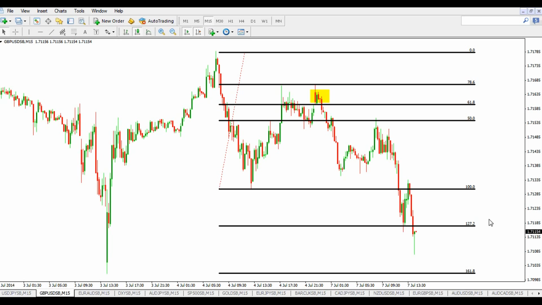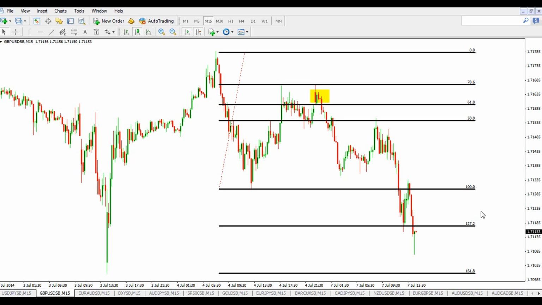These are potential exit areas, but also bear in mind these two regions, 127.2 and 161.8, are levels where price starts to get a bit stretched in regards to Fibonacci. So if you are going to try to get a reverse position on, you might want to look at these levels as potential reversal zones. But if you're going to take a short in this position, I'm going to tell you to bag your profits at either one of these three regions and just enjoy your profits.